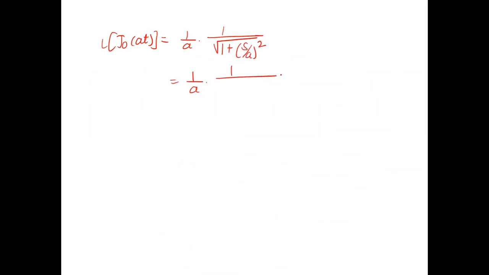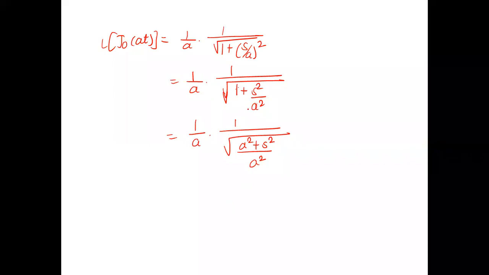It is 1 upon root of 1 plus s square by a square, inside the square root. Cross multiplying, it is 1 upon under root a square plus s square, whole upon a square. Is this okay? Correct, so both the terms are under the square root.